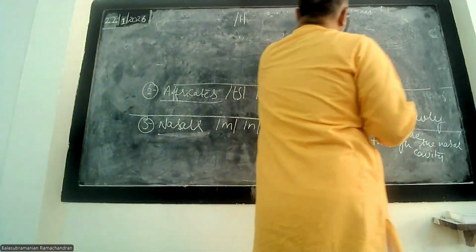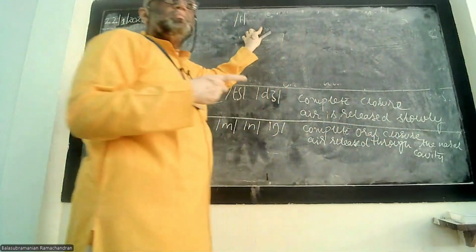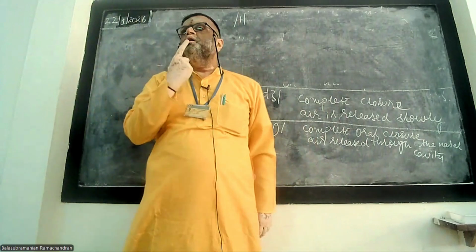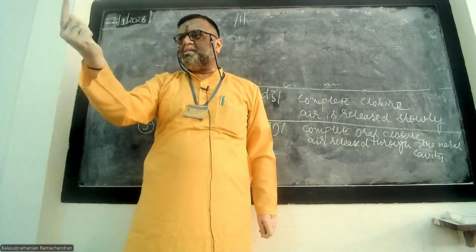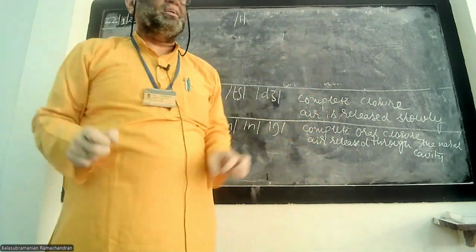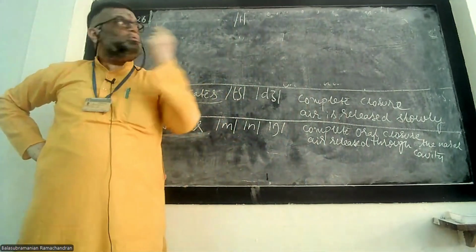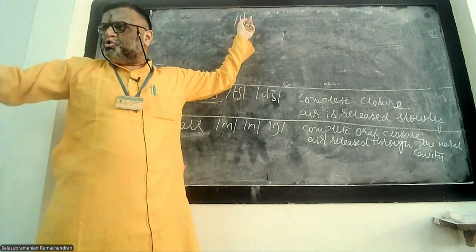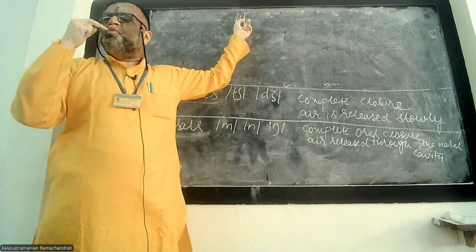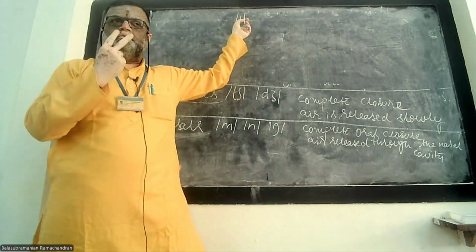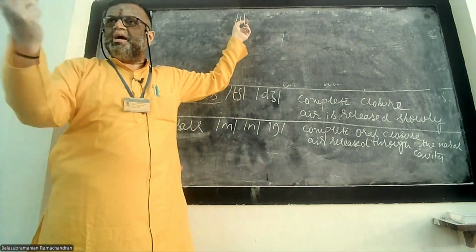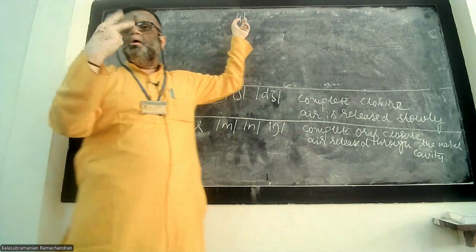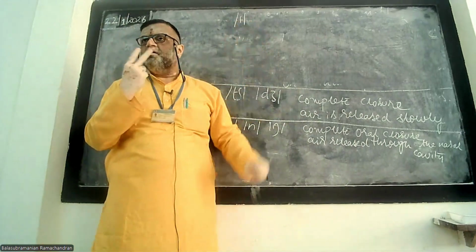How is this sound produced? For the sound l, I'll show you a very simple thing. I'll give you a small exercise, a small task to do. It will take just 10 seconds. Hold your tongue like you hold it for l. Are you holding it? Instead of releasing the air, suck in the air.